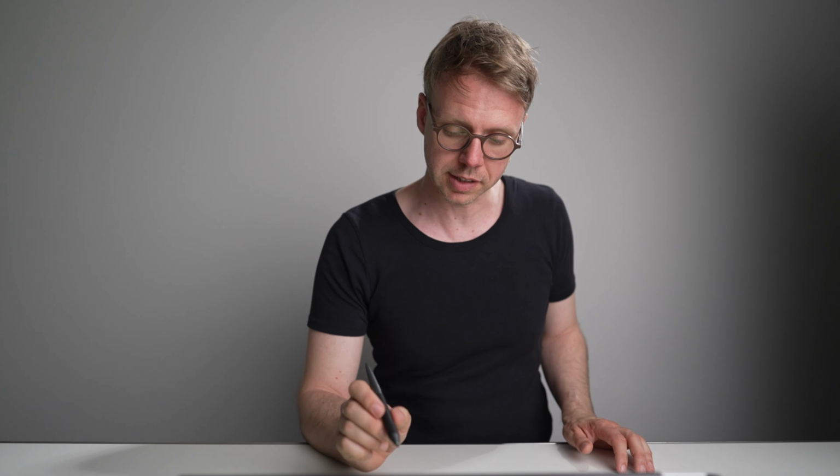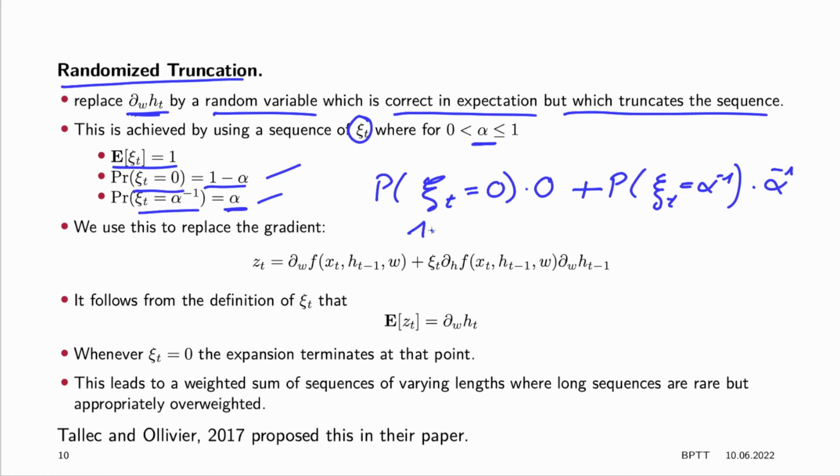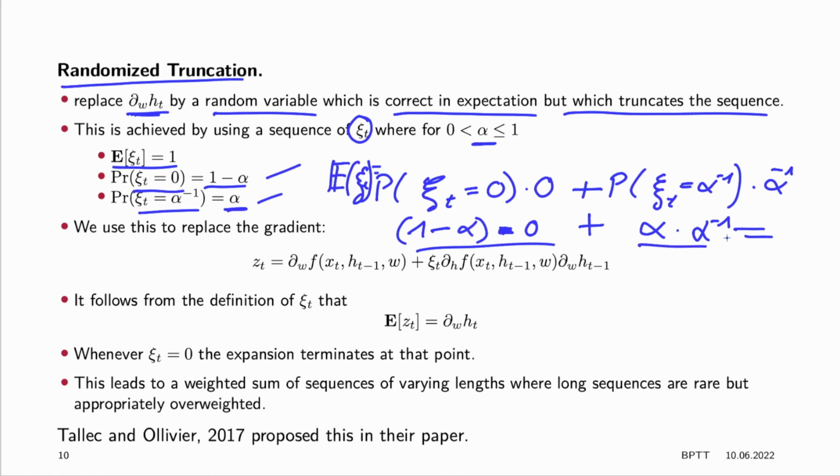Now, these probabilities are 1 minus alpha times 0 plus alpha times alpha inverse. The whole thing is the expected value of ξ_t. So we have 0 here, and this becomes 1. So this expected value equals 1.